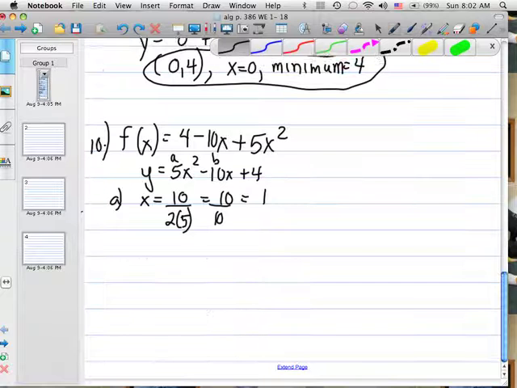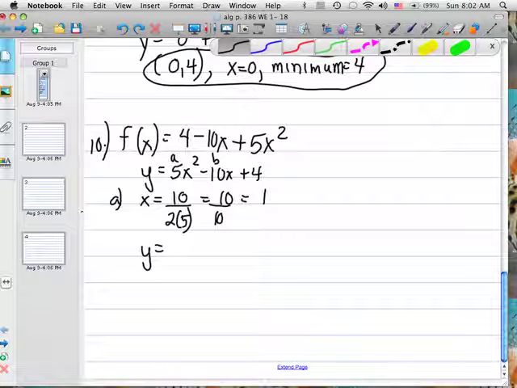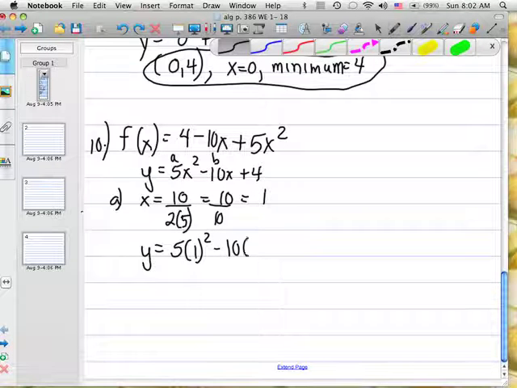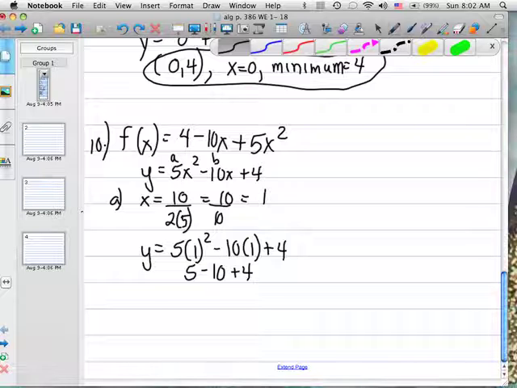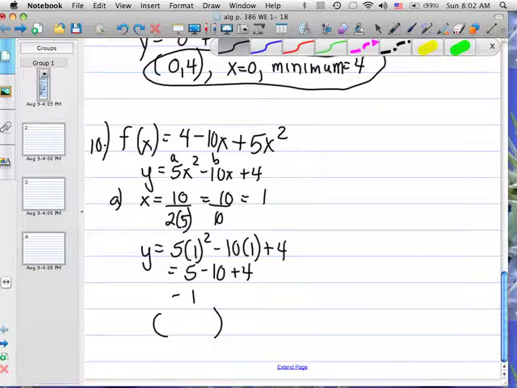Now plug that back into this equation to find y. So y equals 5 times 1 squared minus 10 times 1 plus 4. 1 squared is 1 times 5. We get 5 minus 10 plus 4. 5 minus 10 is negative 5 plus 4 is negative 1. So our vertex, the x value is 1 and the y value is -1.